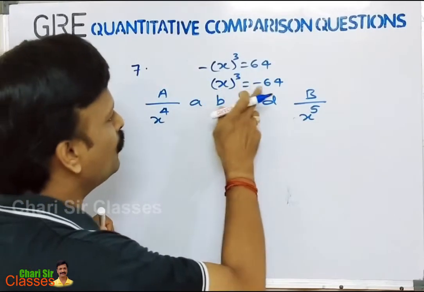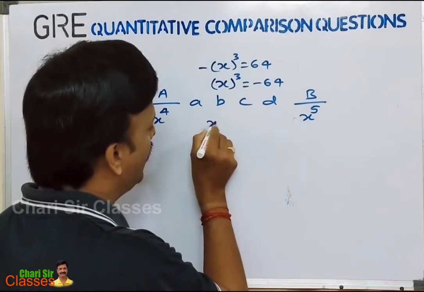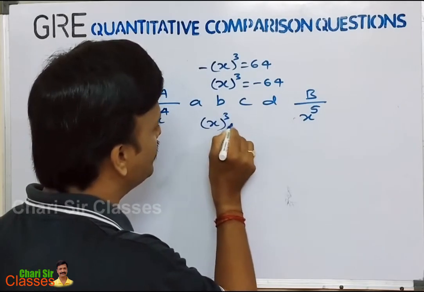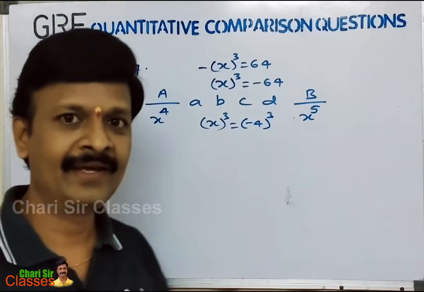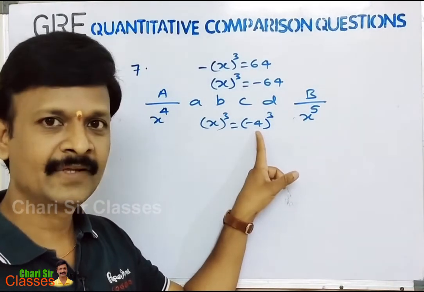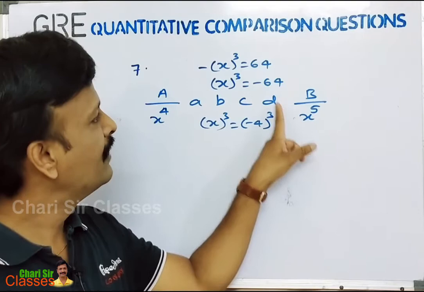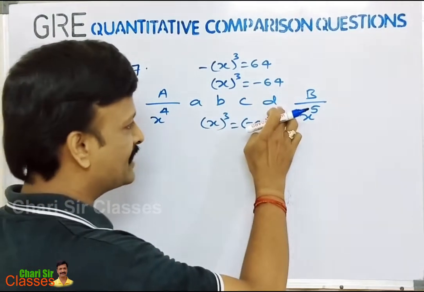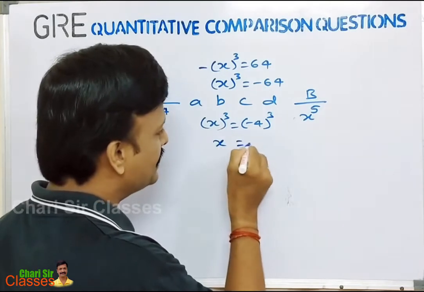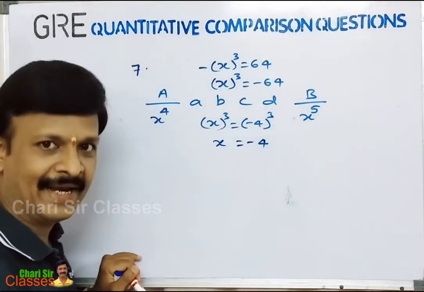Now x cube equals minus 64, and this can also be written as minus 4 whole cube, which is nothing but minus 64. Now both side powers are equal, so you can write the bases equal: x is equal to minus 4.